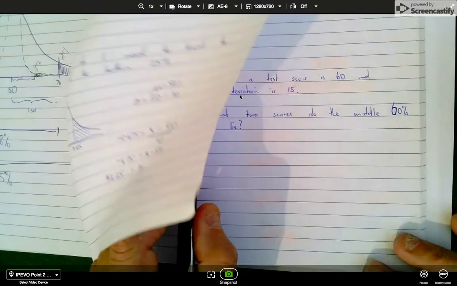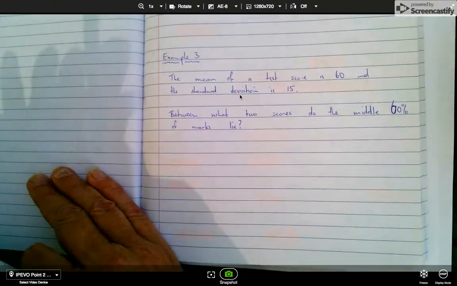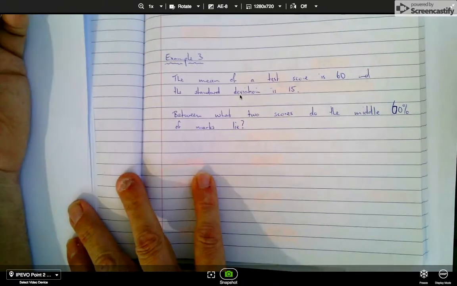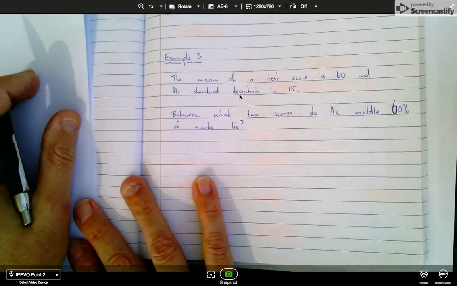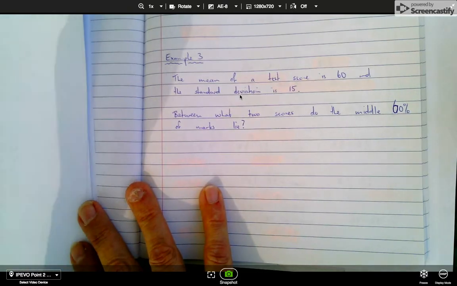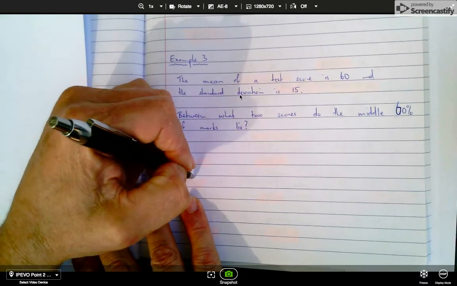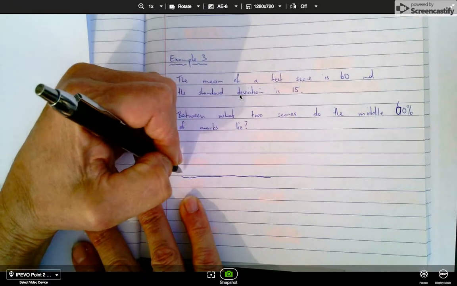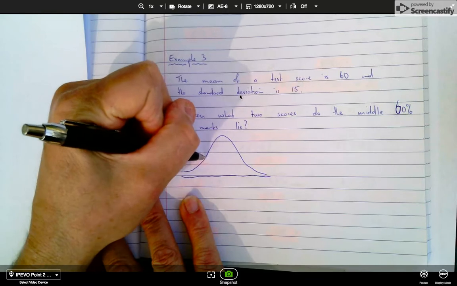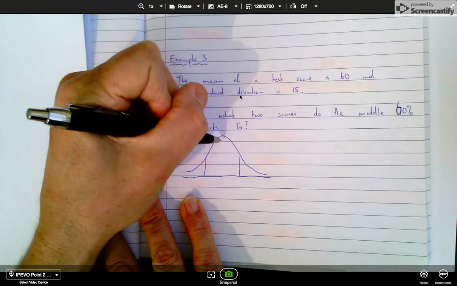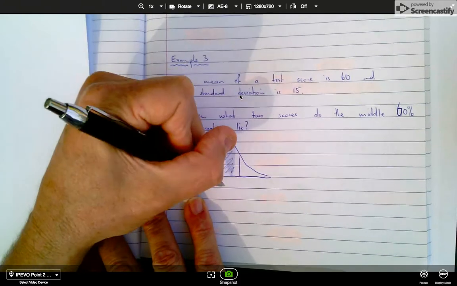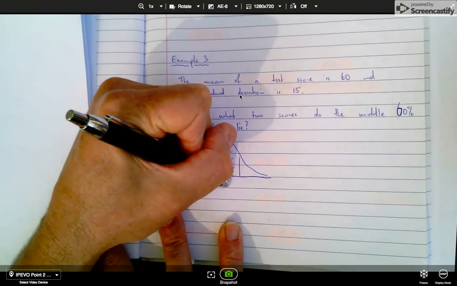Let's finish on this example. The mean of a test score is 60 and the standard deviation is 15. Between what two scores do the middle 60% of marks lie? So again, we can draw a very quick distribution diagram, and we want to know between what two marks is this going to give us 60%?